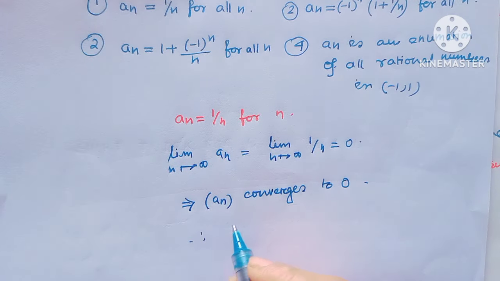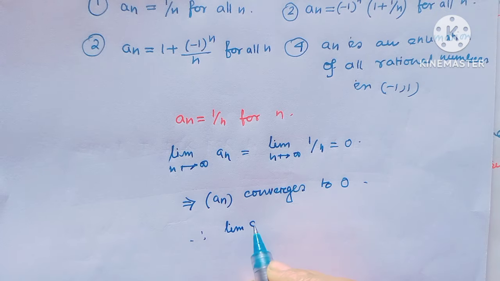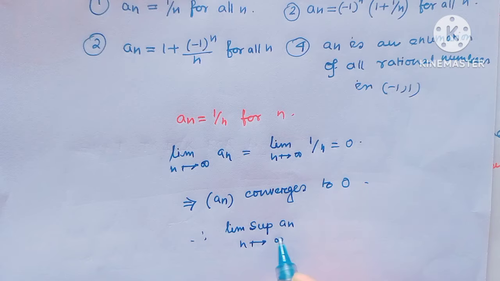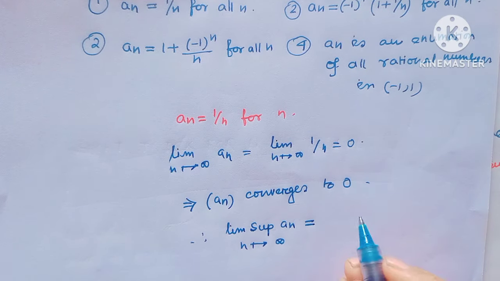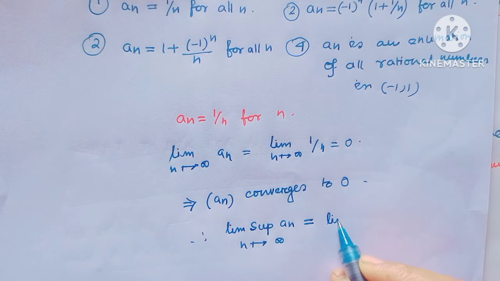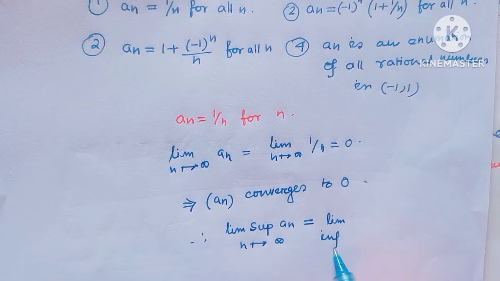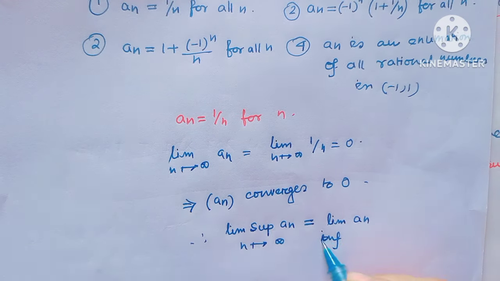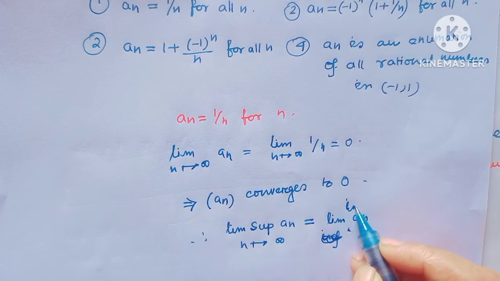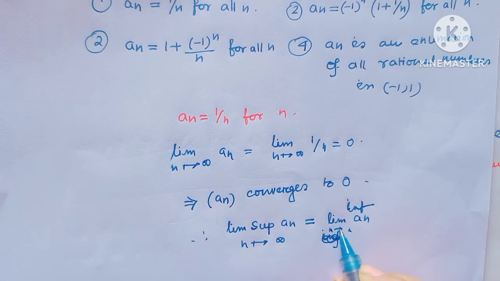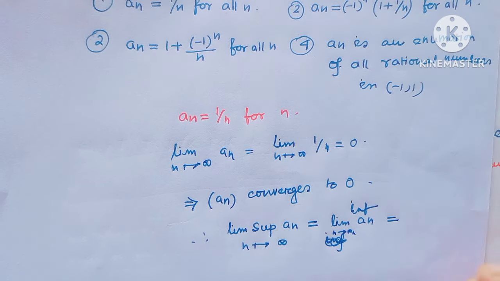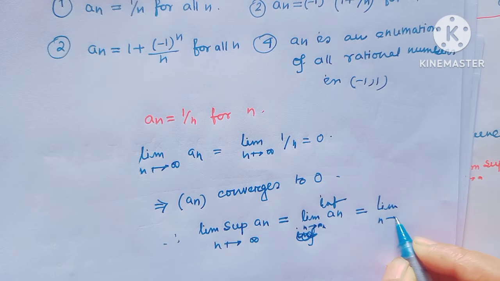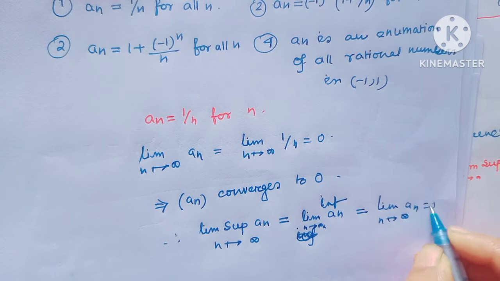So limit superior of a_n as n tends to infinity is equal to limit inferior of a_n as n tends to infinity, which equals limit of a_n as n tends to infinity, equal to 0.